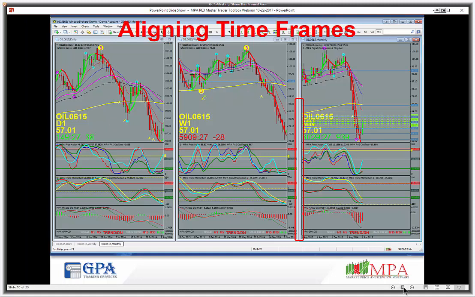And I'll use an illustration for that. On the monthly, you can see the monthly was in overbought territory. The weekly was in deep overbought territory, and we're going to discuss what exactly is overbought territory versus oversold territory. And it's basically this red line up top. When these indicators get toward the top side, we consider those overbought, and that's why you have a red line, because you're thinking selling.